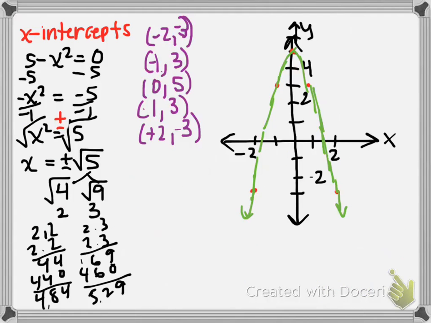And then we look at this one, our equation was 5 minus x squared. It's facing downward, it's skinnier, the numbers shoot up quickly. Kind of strange looking here. And look at where your axis of symmetry is. It's right there on the y-axis.